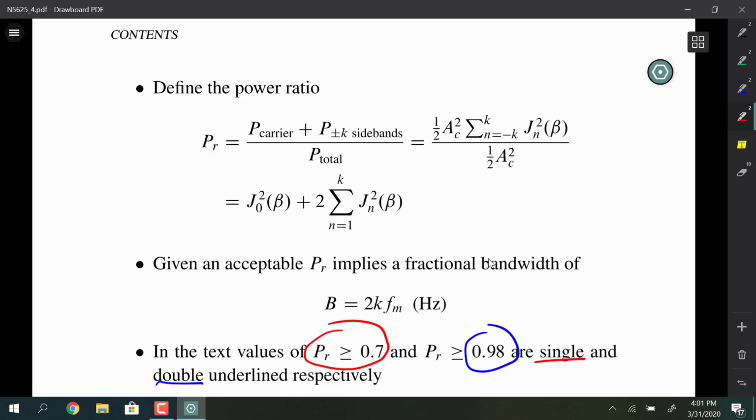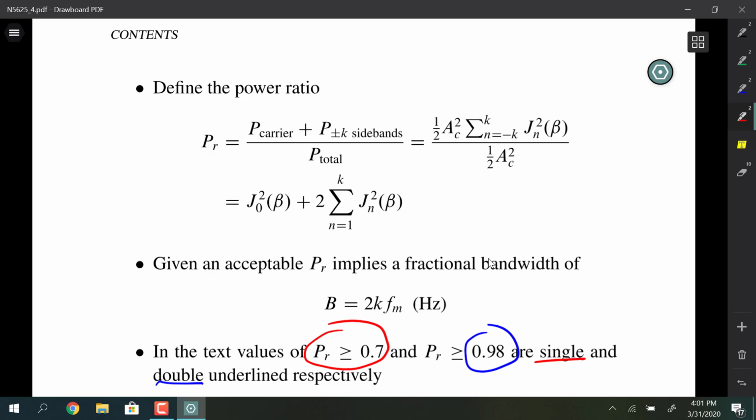So the power ratio we're looking for here, to relate to bandwidth, is to get a fraction of the total power, the carrier power plus the sidebands. So we sum up the fractional power, which is summing the series of the Bessel function squared from n equal to minus k to plus k, and then we get to divide by the total power, which we can never mess up like we could very easily in amplitude modulation.